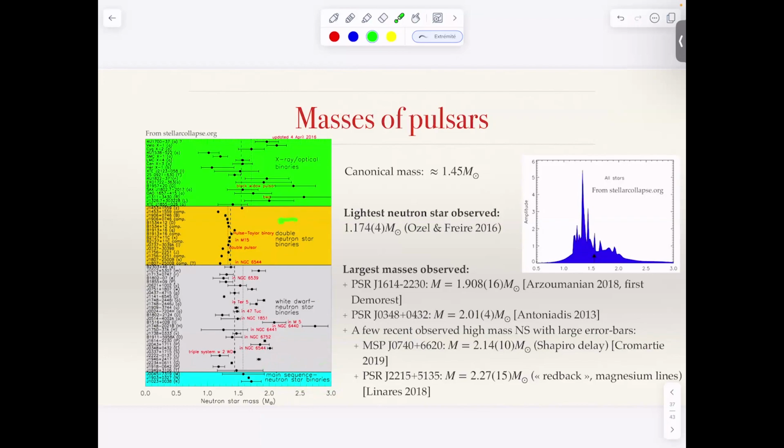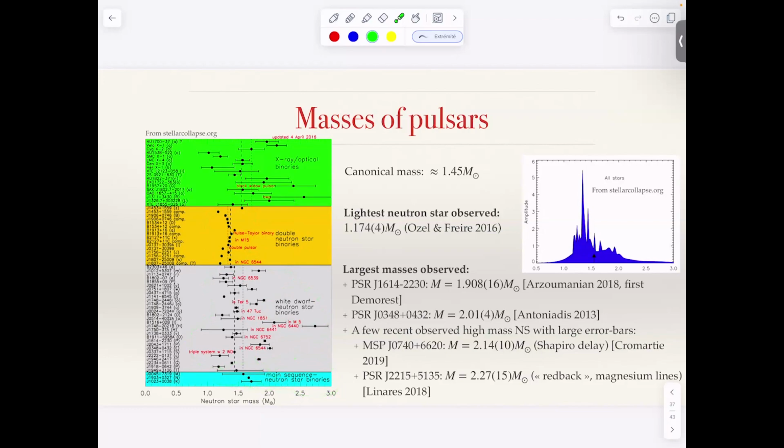For instance, if you have two neutron stars, and we know maybe about 10 of them, then you can determine very accurately the mass of this system. If it is a white dwarf, you can also determine the mass, but you see that the error bars are larger. And if it is a main sequence star, you also see that the error bars are larger.